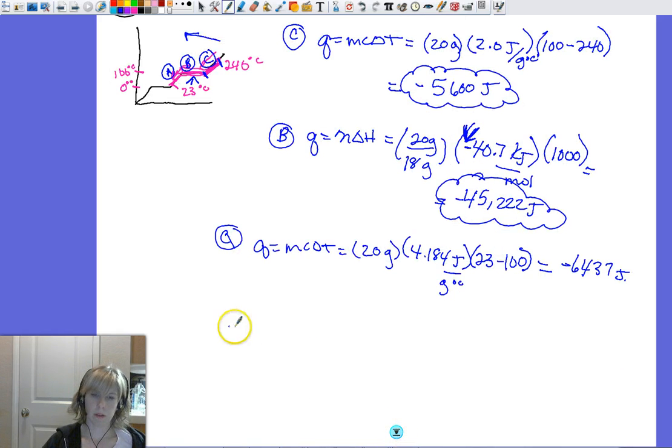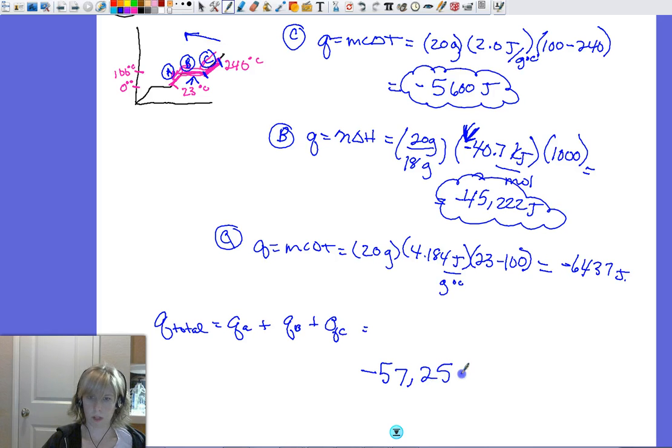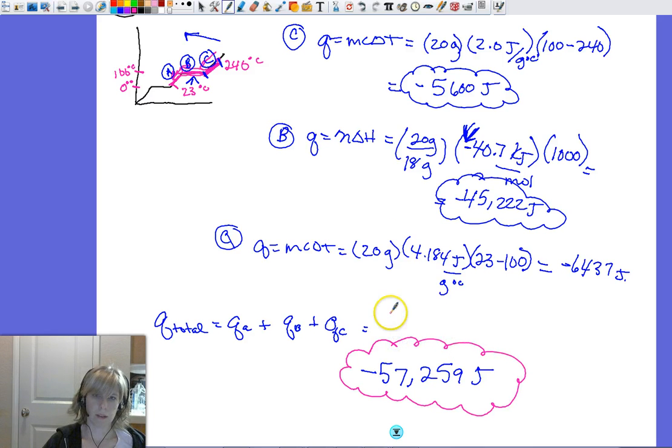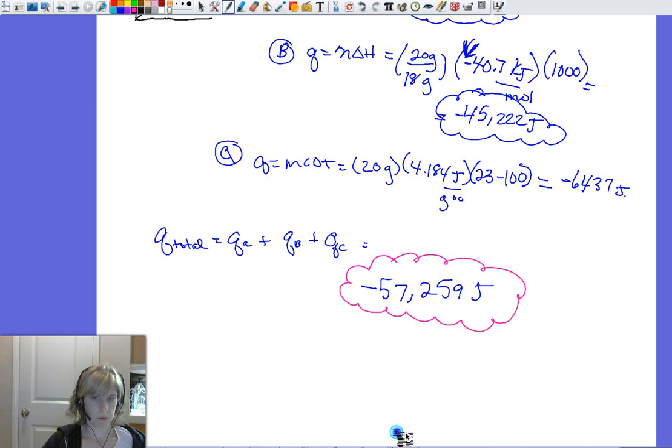So our last step is going to be to add A, B, and C together. So we get Q total is going to equal Q of A plus Q of B plus Q of C. So if we add them all up, we're going to get negative 57,259 joules. So that is what's released because it's negative if we condense the steam. So hopefully that helps.